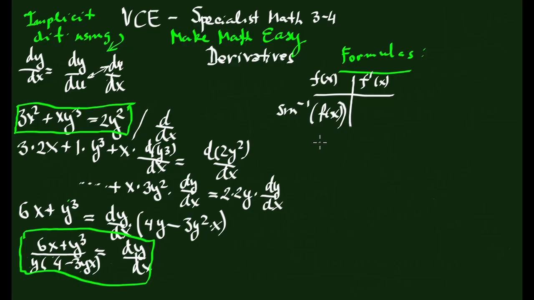It will be very similar to the first derivative of inverse sine of x. It will be f prime of x divided by the square root, the same as before, and then we have 1 minus, and instead of x square we have f of x square.